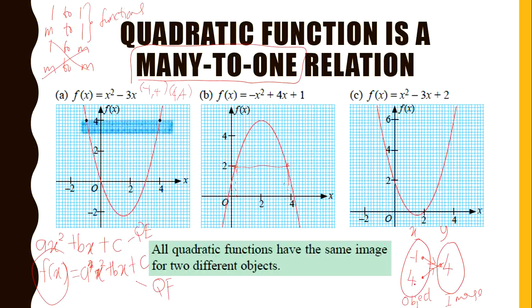So, dia many to one relation lah. Objek banyak tapi dia map onto one image. Dia akan jadi many to one relation. So, dia kata all quadratic functions have the same image for two different objects. Betul lah ni. Contohnya kat sini pun sama. Kalau contoh objeknya titik 2 kat sini kan. Okay, bila x kat sini dengan x kat sini tak sama, tapi y dia still sama.